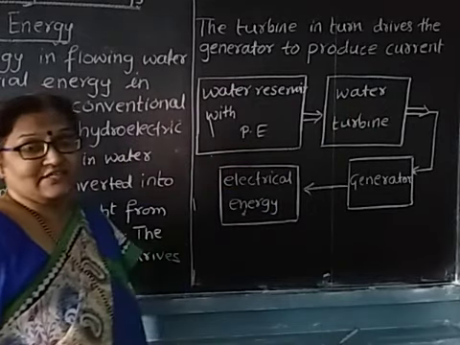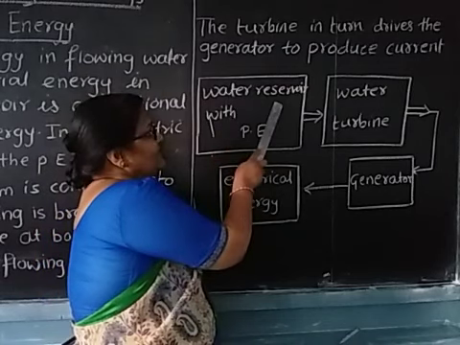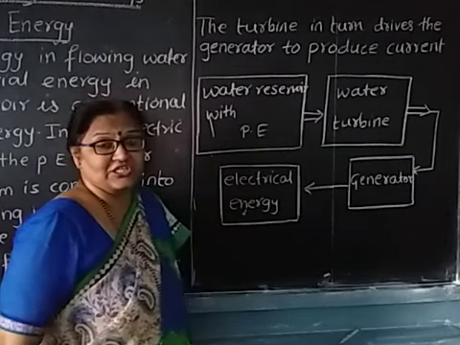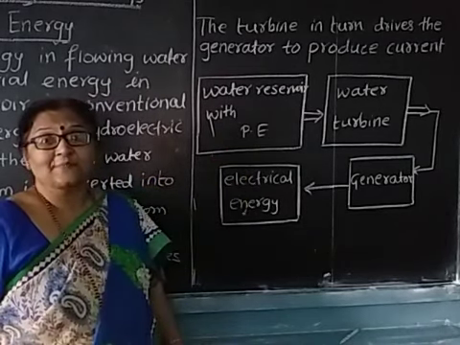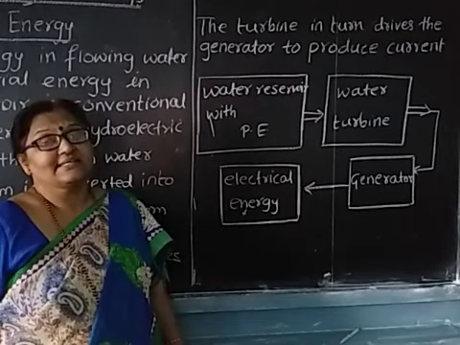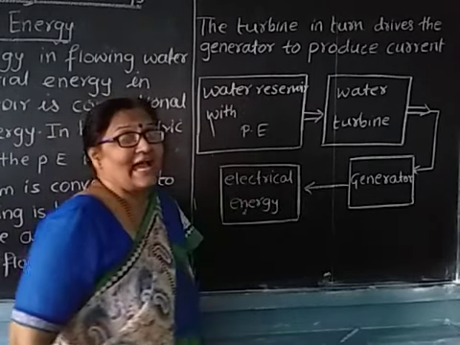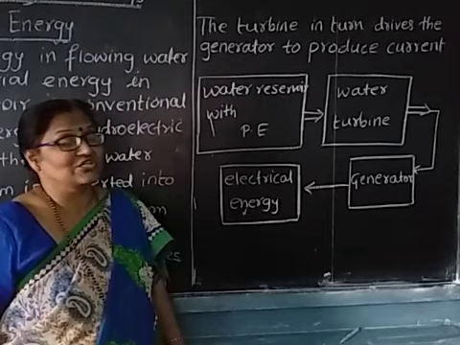Now let us see the flow chart here. See here, water reservoir with potential energy. The water reservoir is present. That means the water is stored in a dam. This is called a reservoir. So the water reservoir has the potential energy.